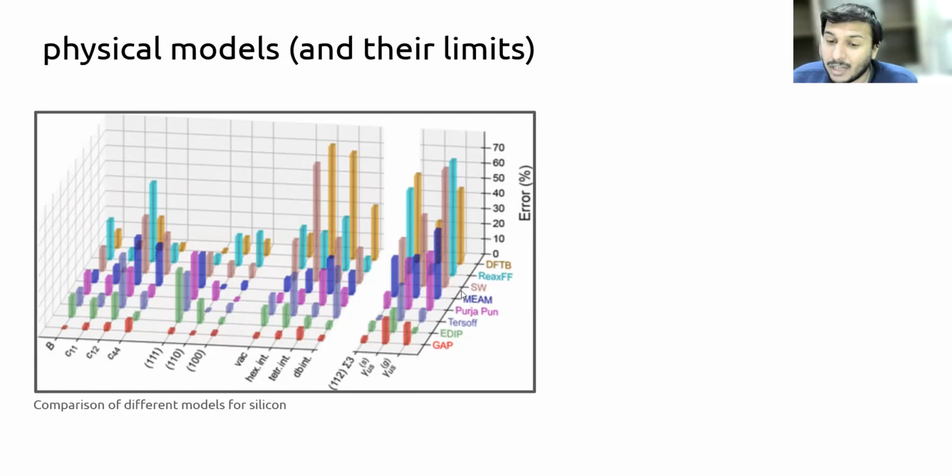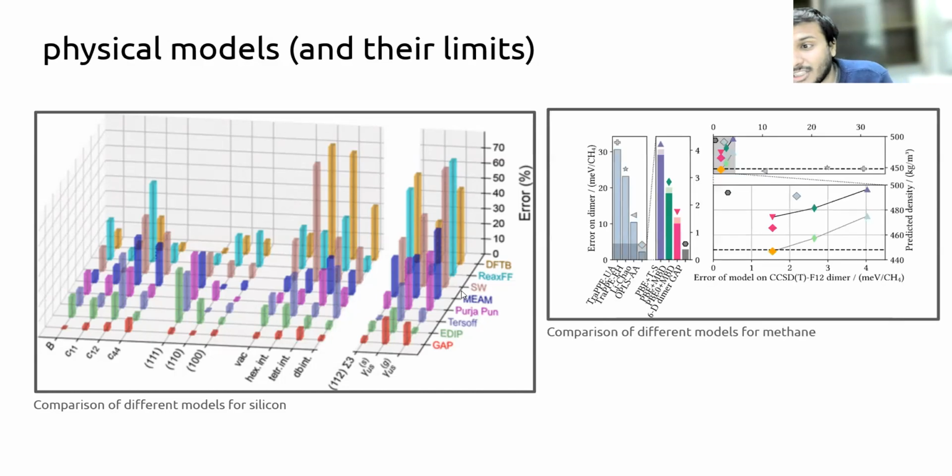other one goes bad. And again, another paper from Csányi's group and an even more complicated plot. So I'll tell you exactly what to look at. Don't freak out, please. Here what they have shown is the error on the density versus the error on the dimer energy.